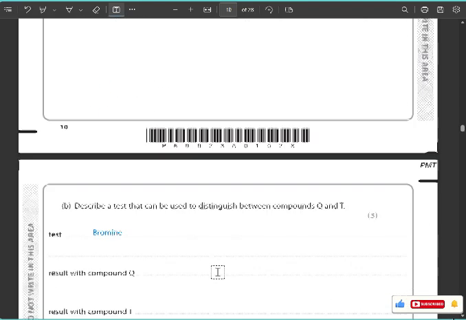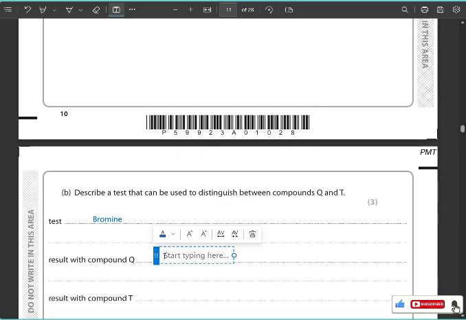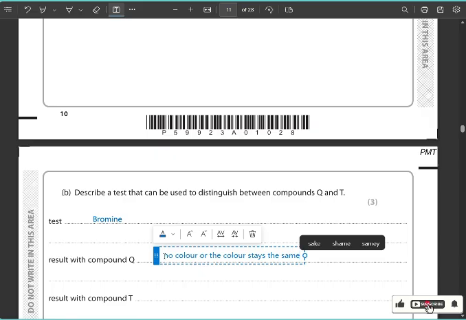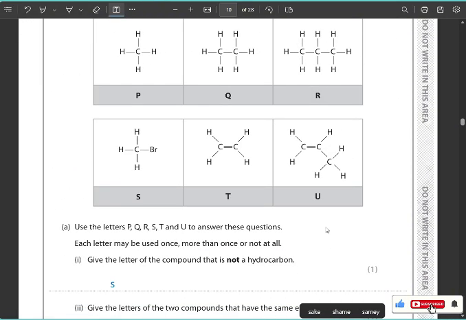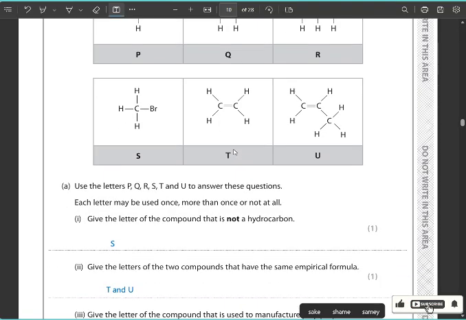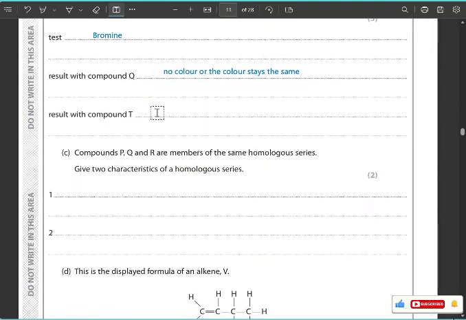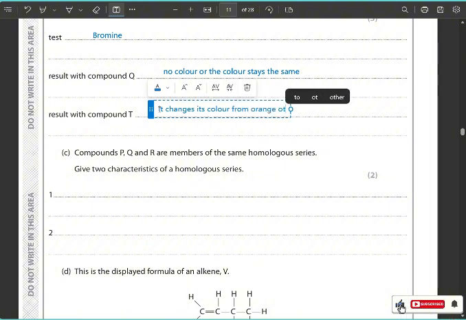It means that it doesn't react, and there is no color change, the color stays the same. And compound T contains a double bond and it's an alkene, which means it changes its color from orange to colorless.